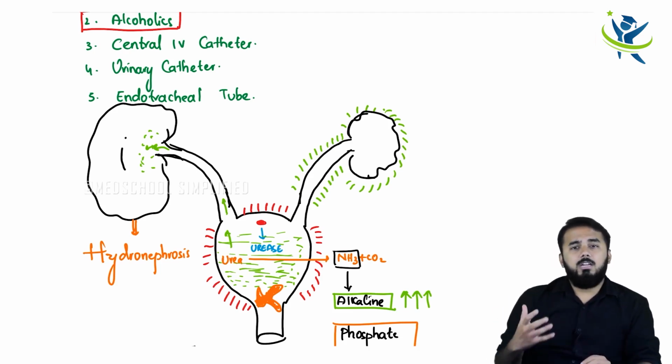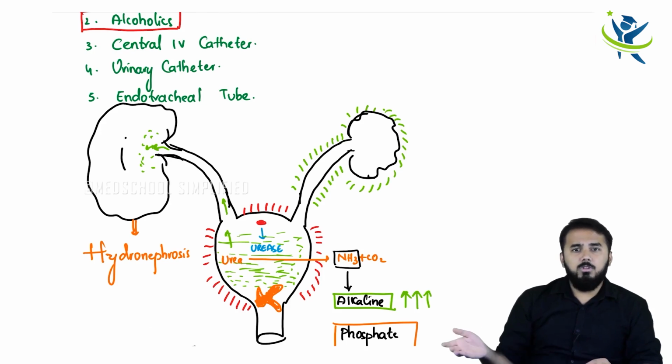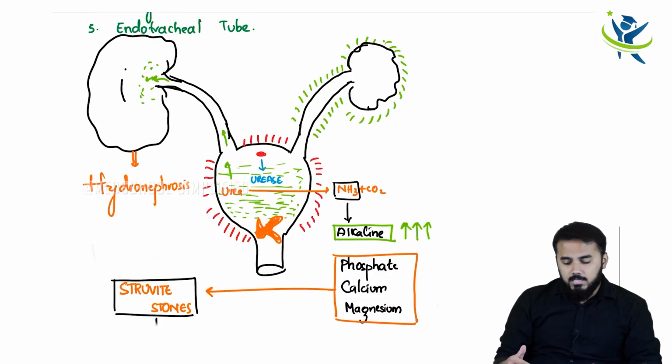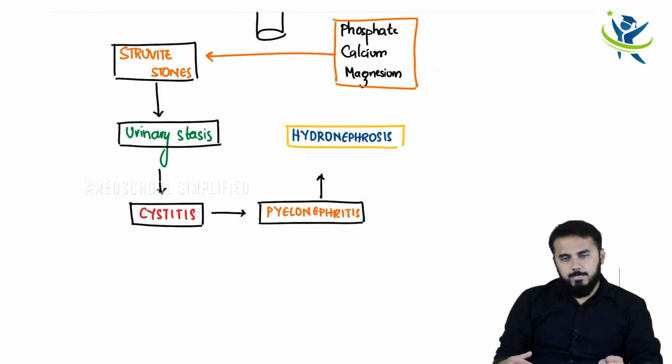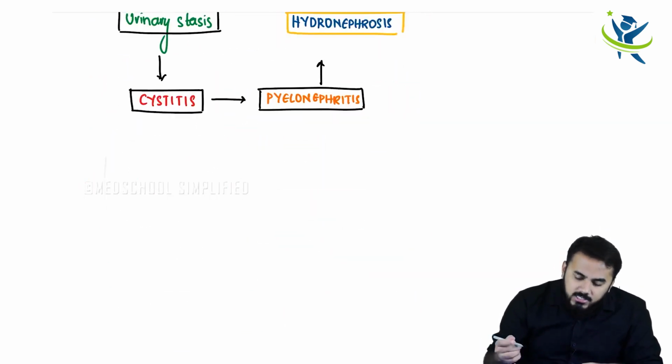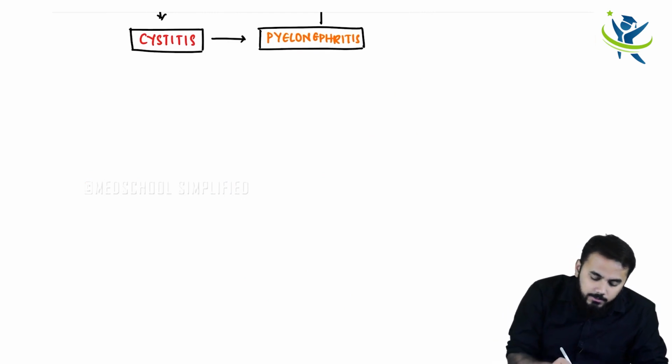In that case, if you are not treating the patient at all, if you are not removing the Foley's or changing to a new Foley's, then all these things can happen in the patient. Right. So what are the conditions associated with this patient? Associated conditions.